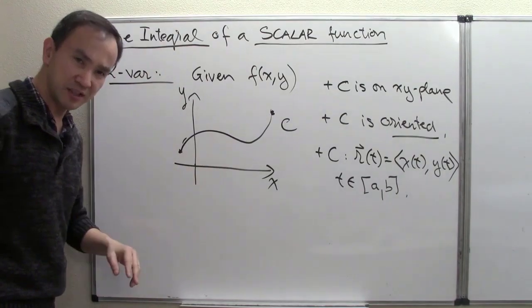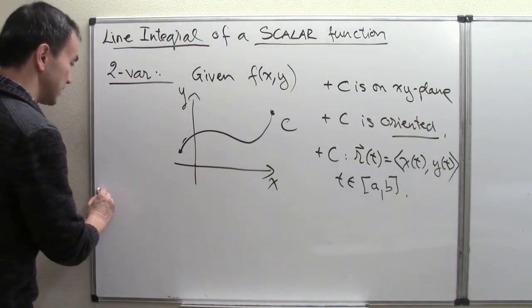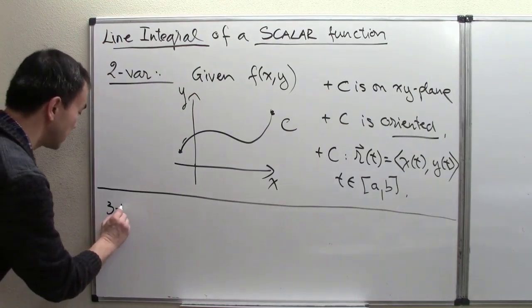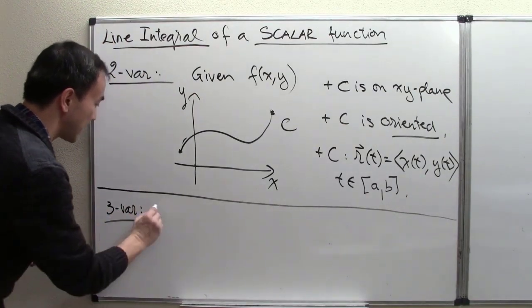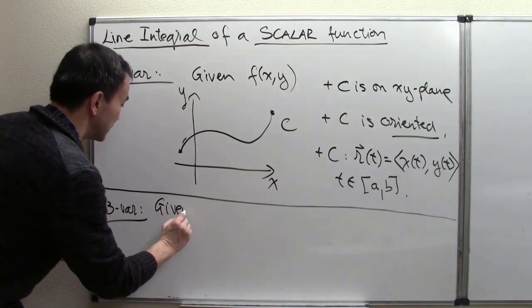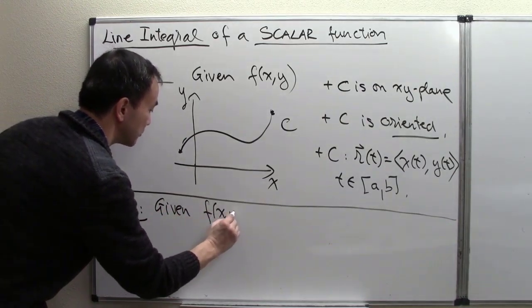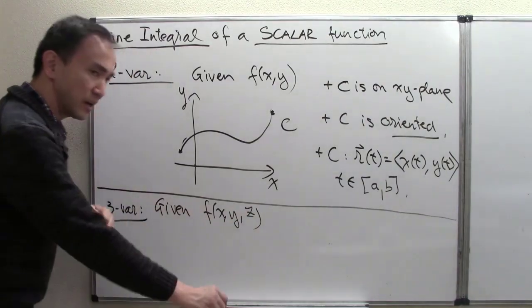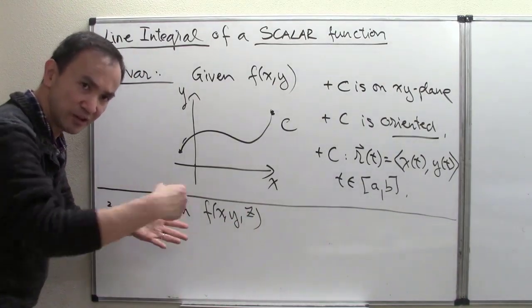So very similar right here. Very similarly, we are looking at the case of three variables. So when we're looking at a function of three variables, our function here is given to be some function f of x, comma, y, comma, z. Then a line is now understood really as a space curve.